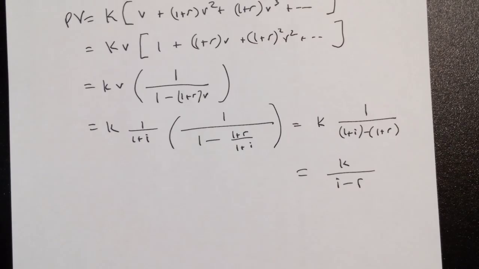What's 52 divided by 0.03? $1,733. The value of my stock in AT&T right now is $1,733. That's the value of that stock portfolio today, just based on the dividend.